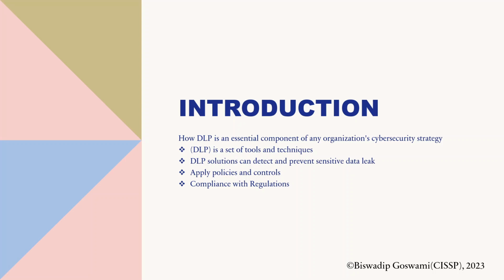These policies can include blocking, quarantining, and encrypting sensitive data, or alerting security teams to potential threats. DLP solutions can also help organizations comply with various data protection regulations such as GDPR, HIPAA, etc., by ensuring that sensitive data is adequately protected and controlled.